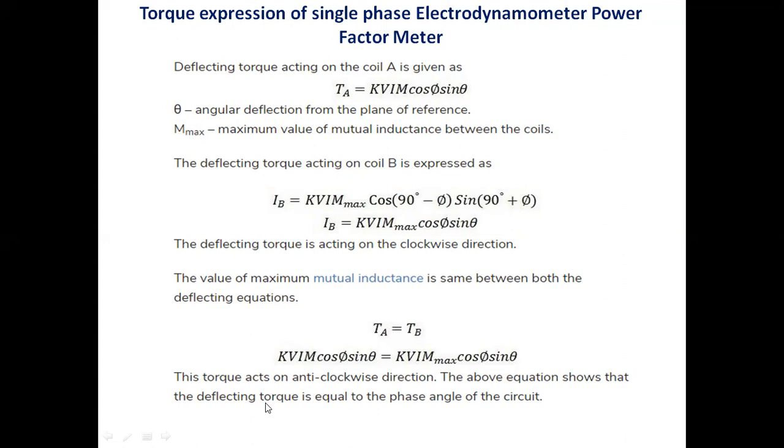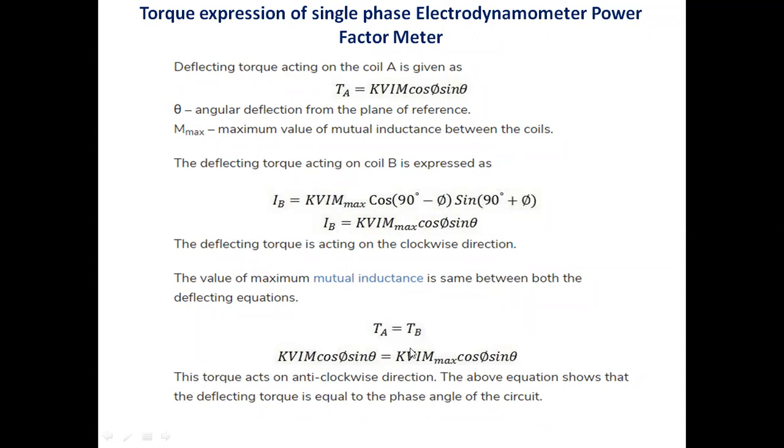If we equalize both terms at the equilibrium position, T suffix A equal to T suffix B, then the entire deflection of the instrument is measured with respect to the phase angle of the circuit.